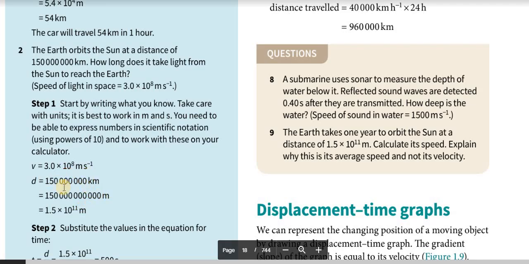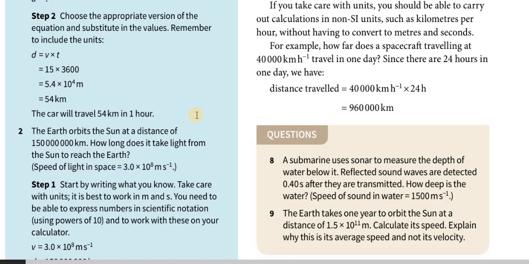Now this has too many zeros, so you should not write it like this as the final answer, because it's a long number. That's why we have scientific notation, also called standard form, and also that's why we have the metric prefixes. So you can write it in standard form like this, or you can write it with the metric prefixes.